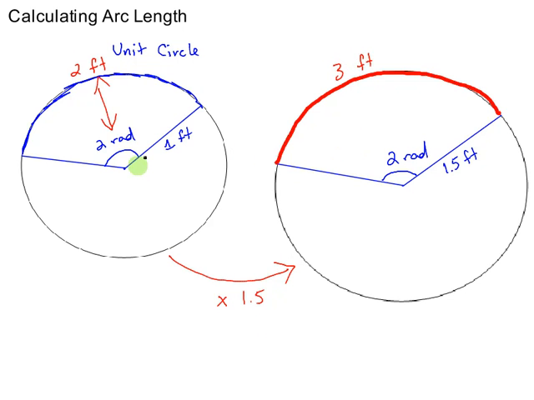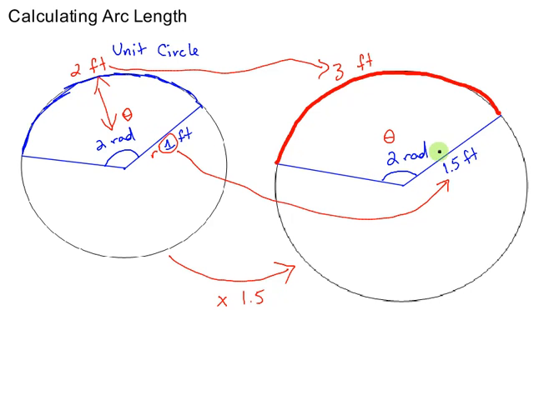So, if you use a radius of 1, the angle and the arc length match, then you can change your radius here to whatever you want by multiplying it by that number, and your arc length also multiplies by that number. So if your angle is theta in a circle of radius 1, your angle is theta in this circle. But if your radius is r, then your radius over here is going to multiply by r, and your arc length is going to multiply by r also.